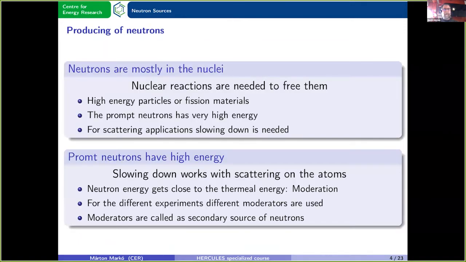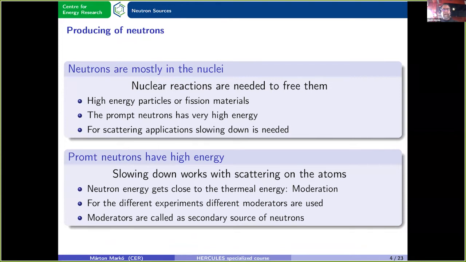So how do we produce the prompt neutrons? They are in the nuclei, so we need nuclear reactions to free them. We can do it either by bombarding with high energy particles, or we can use fission materials. And as I said, they have very high energy, and we have to slow them down.